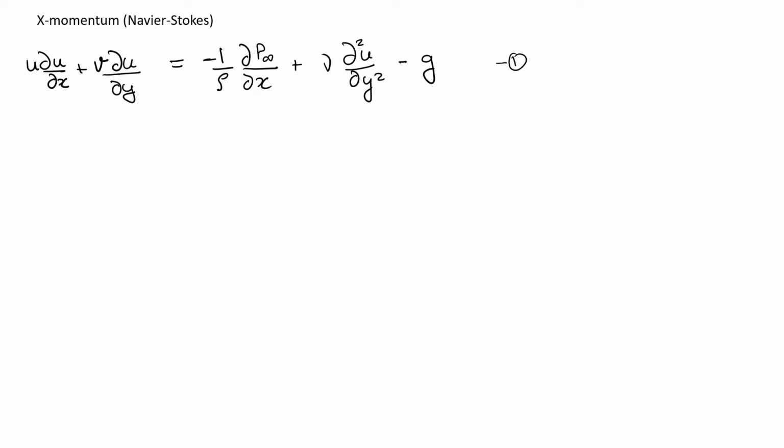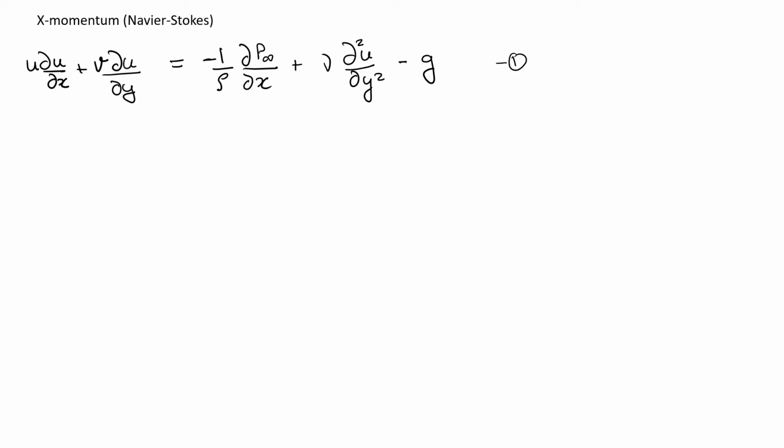Remember, u is the velocity in the x direction, v is the velocity in the y direction. On the left hand side you have u del u by del x plus v del u by del y equals the gradient of pressure with respect to x in the x direction, obviously, and it's per unit mass because it's divided by the density.